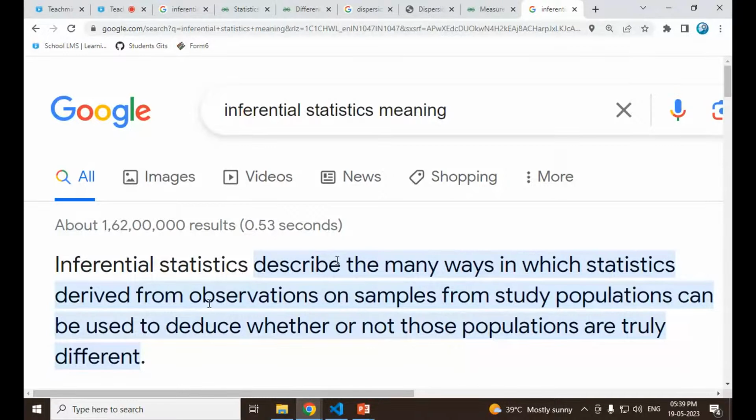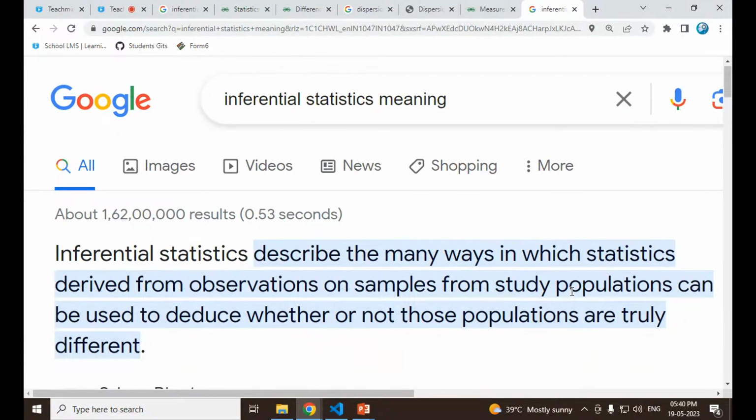Statistics derived from observations on samples. Yesterday we took the observations as N value, capital N. How many values do we take? Six values taken. Sometimes we take eight values. So those are observations.